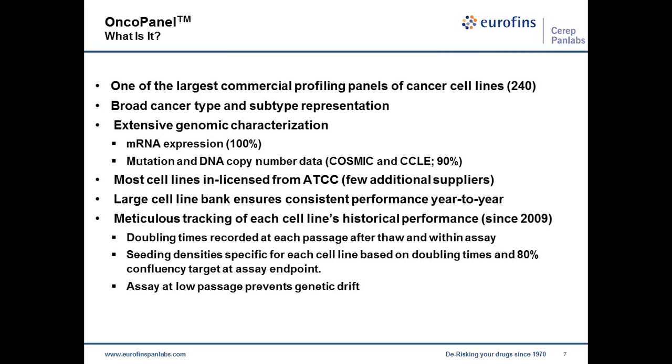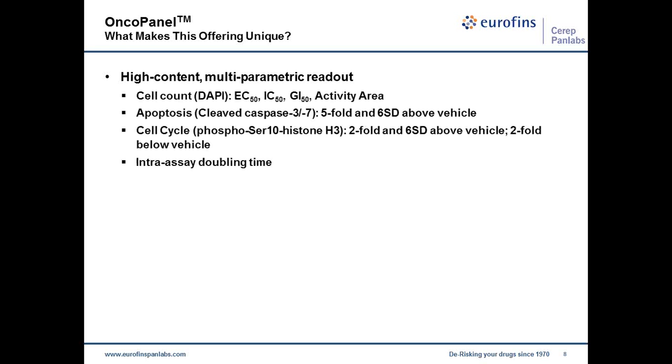And we assay all cell lines at low passage. All cell lines are passaged less than 3 times at the time of the assay. This ensures that they don't drift genetically, and that therefore allows us to relate the drug response to genomic information that may have been provided in the public domain.